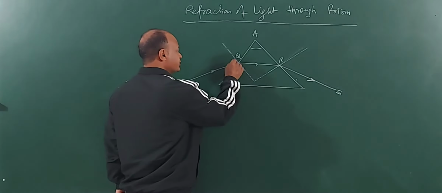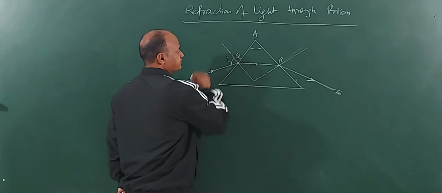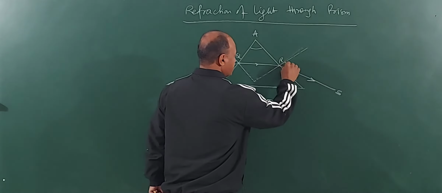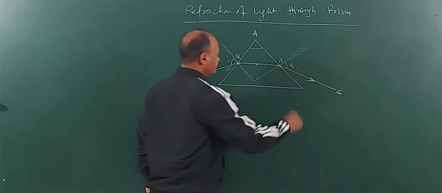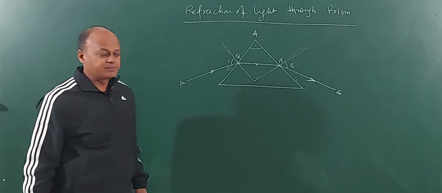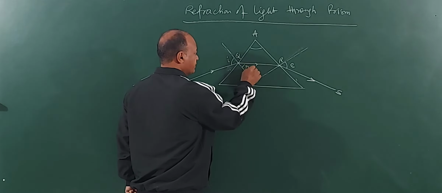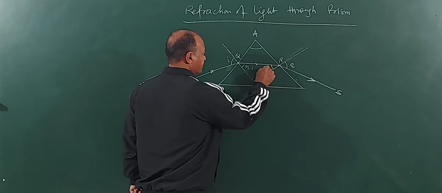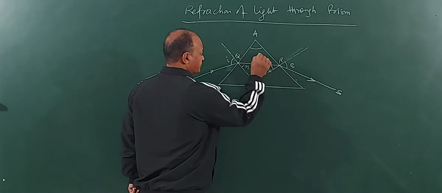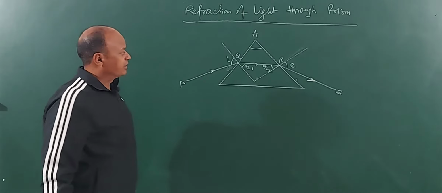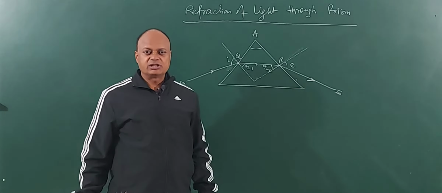I is the angle of incidence, E is the angle of emergence, and there are two refractions taking place. One is refraction at the first surface, let's call it R1, and then here we have R2. R1 and R2 are angles of refraction at the two surfaces.